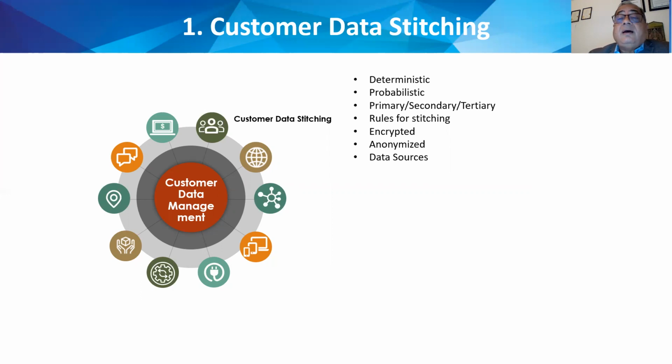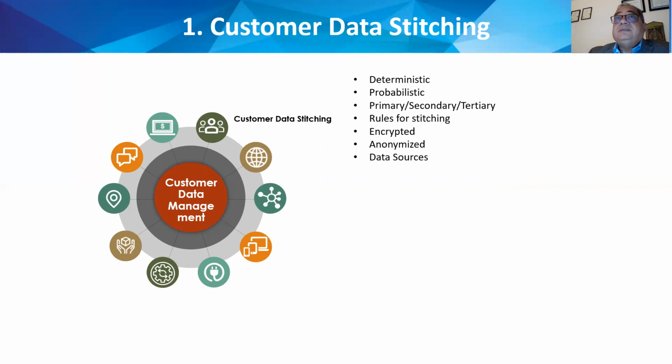The other aspect of customer data stitching is definitely around encryption. One of the key aspects of encryption is that it does impact how you stitch your data. So you need to pay attention to whether the keys are encrypted or not.